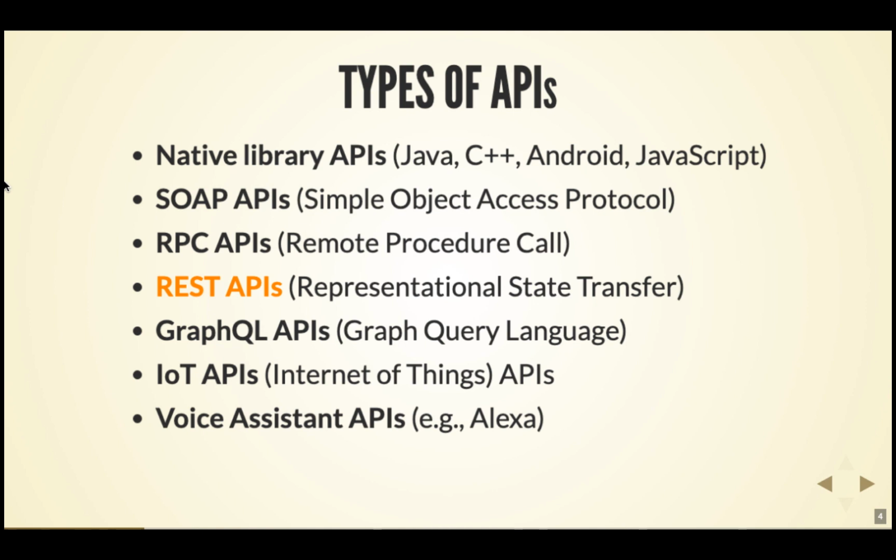So with all these different types of APIs, we will focus on REST APIs, in part because they're the most popular. They're also the most accessible. And a lot of these other ones may not be as important. You're not going to find as many SOAP APIs to document, although that's not necessarily true.